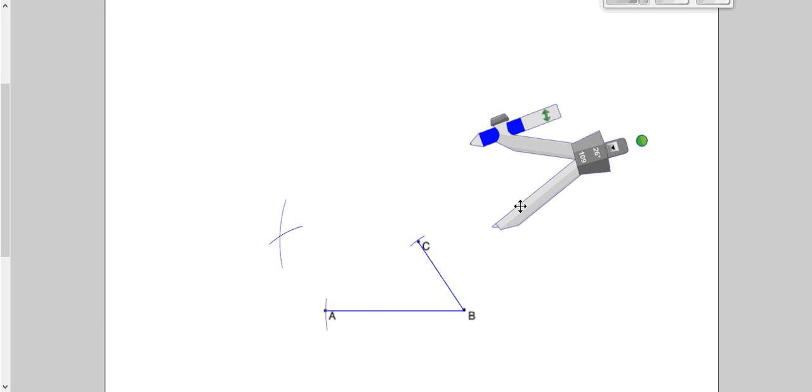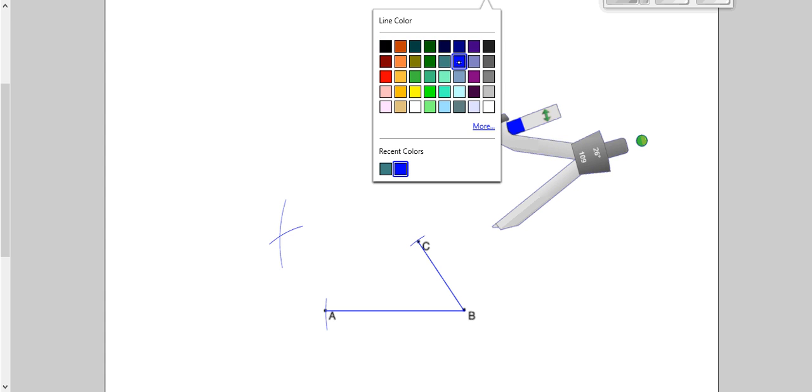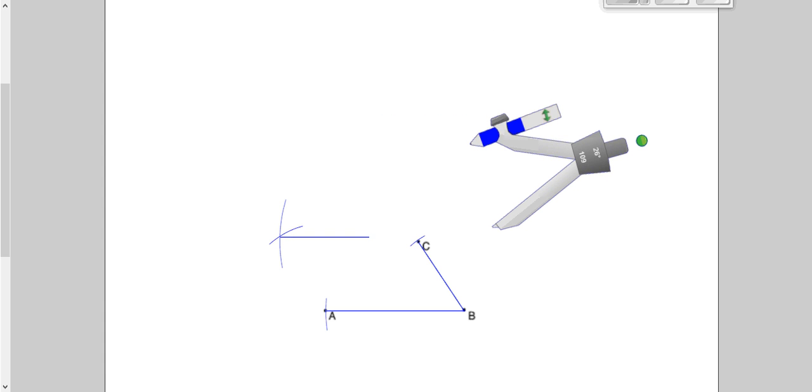Now I can finish out my parallelogram and label it. See, look at that. Look what that does.